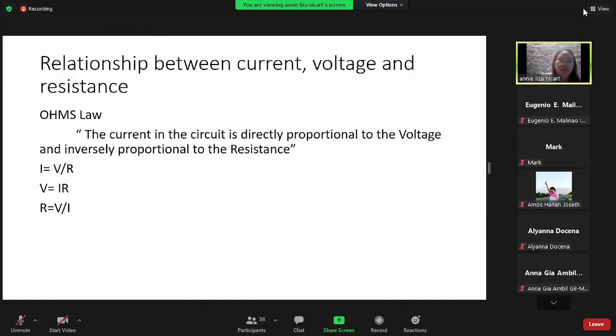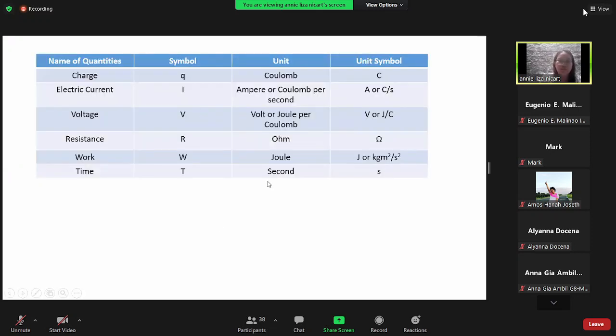Okay. So current is, again, directly proportional to voltage and inversely proportional to the resistance. By the way, class, here is the table of quantities with their symbols, units, and unit symbols. You can make one like this in your notebook. It lists the different quantities, their symbols, their units, and unit symbols.